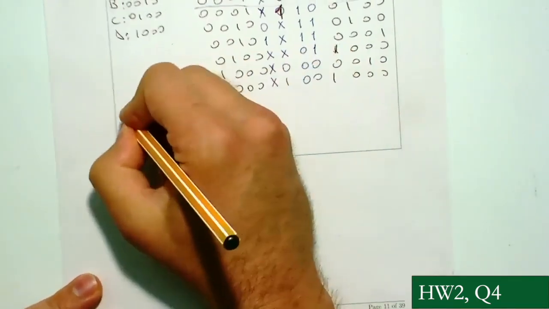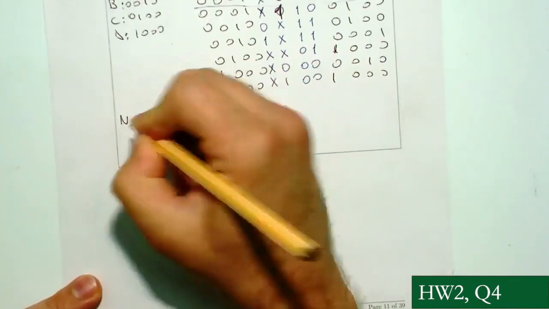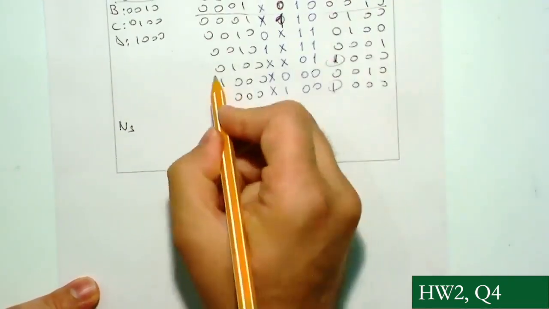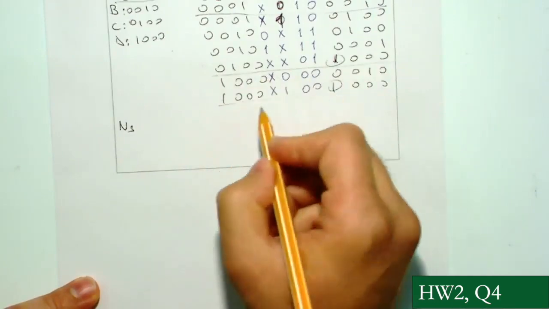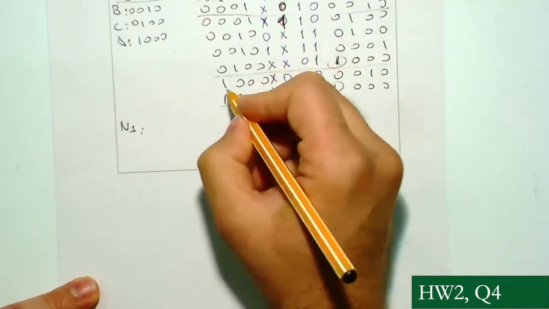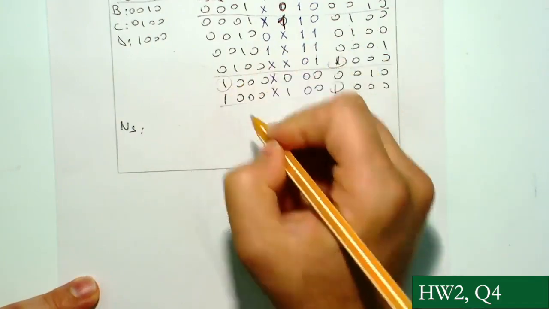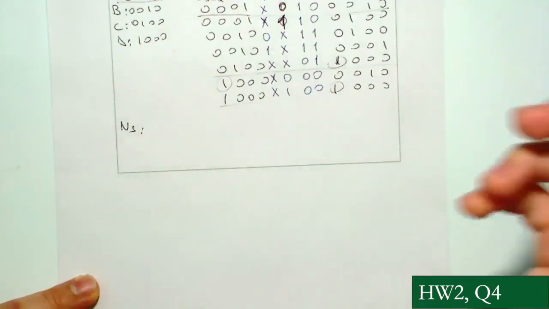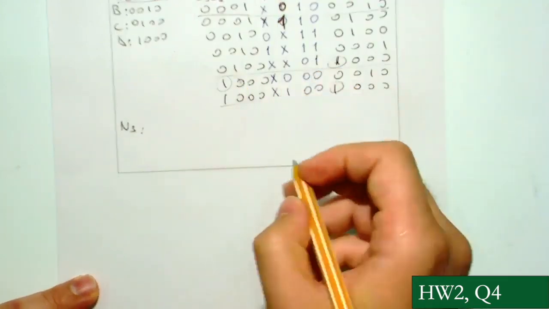All right. So let's write N3 here. I'll check when N3 is 1. N3 is 1 for these two rows. For the one-hot encoding, this means that if one of the bits in the input is 1, then the rest should be 0, so we can regard them as don't cares.